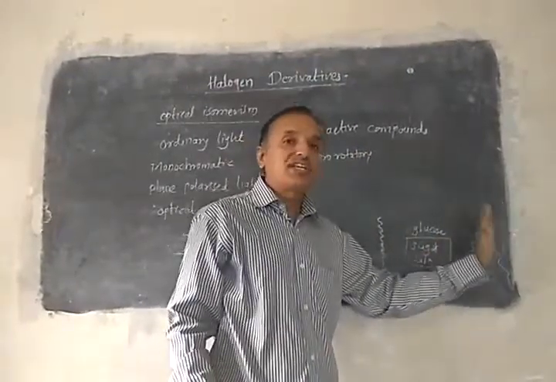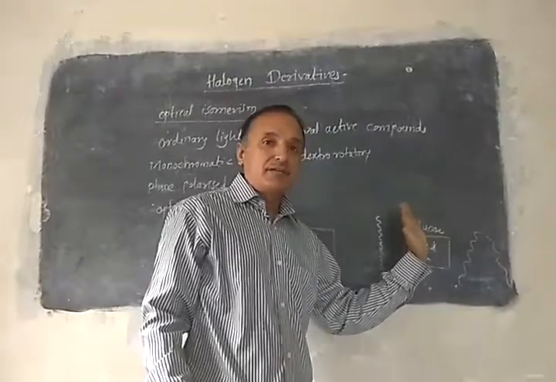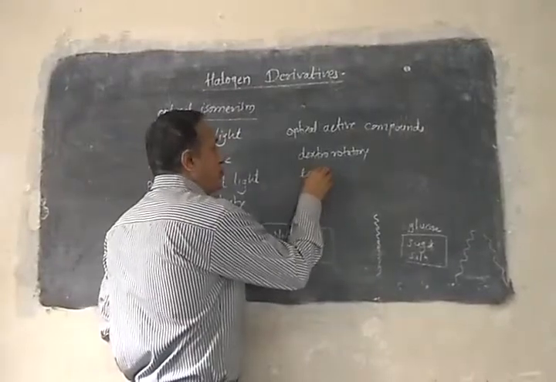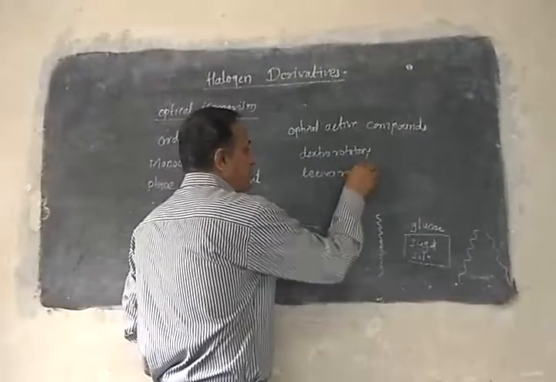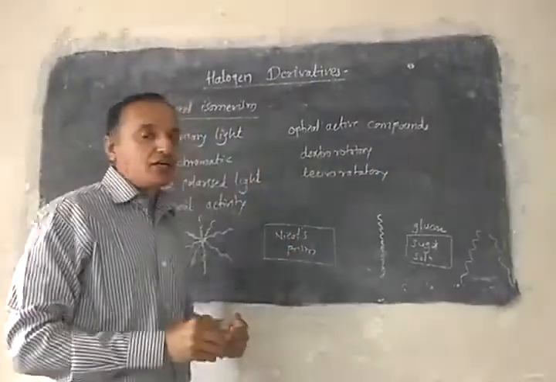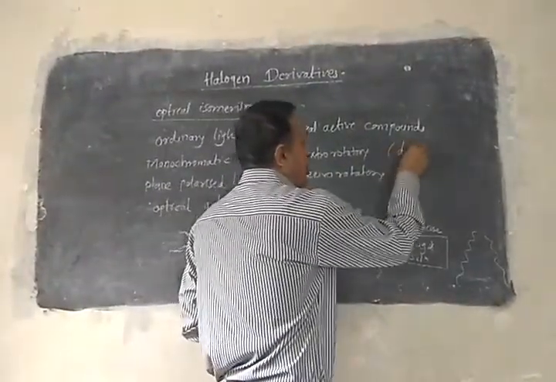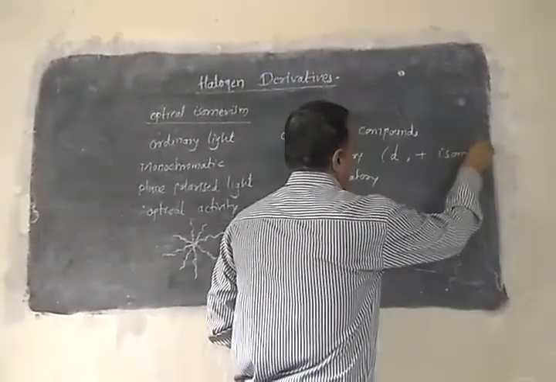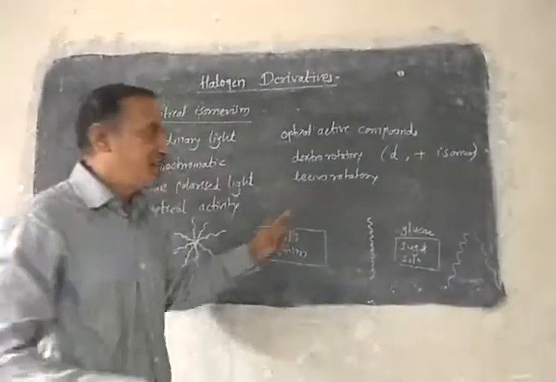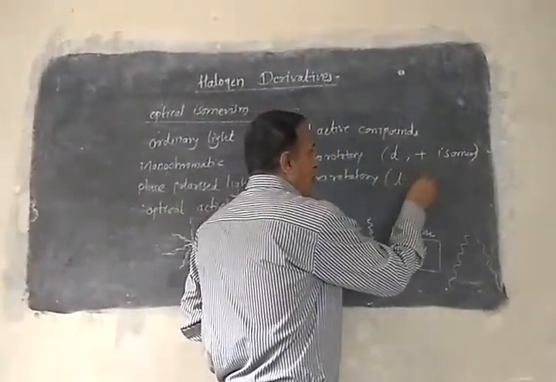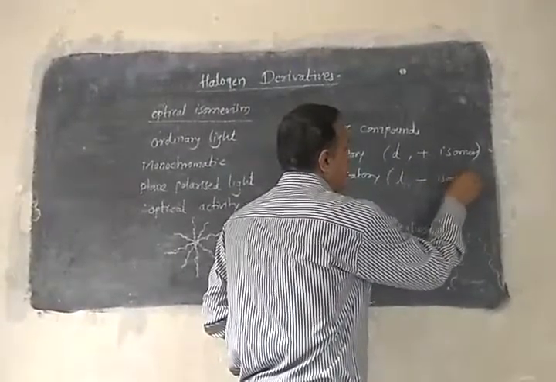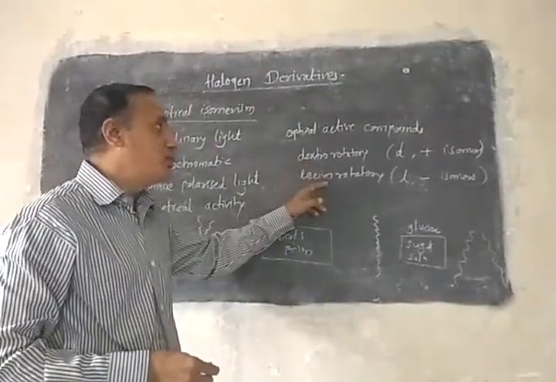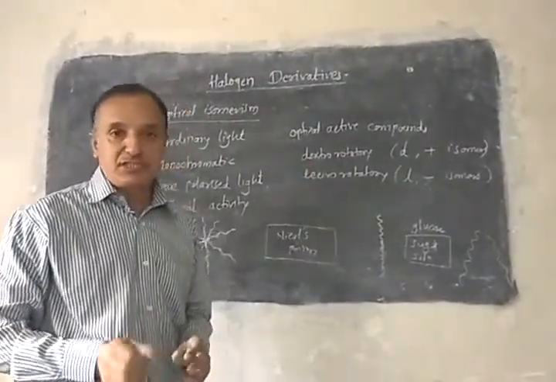Those compounds that rotate the light to the left direction, or anti-clockwise, are called levorotatory. Dextrorotatory is also called D isomer or plus isomer, while levorotatory is called L isomer or minus isomer. These are the notations of the dextro and levorotatory isomers respectively.